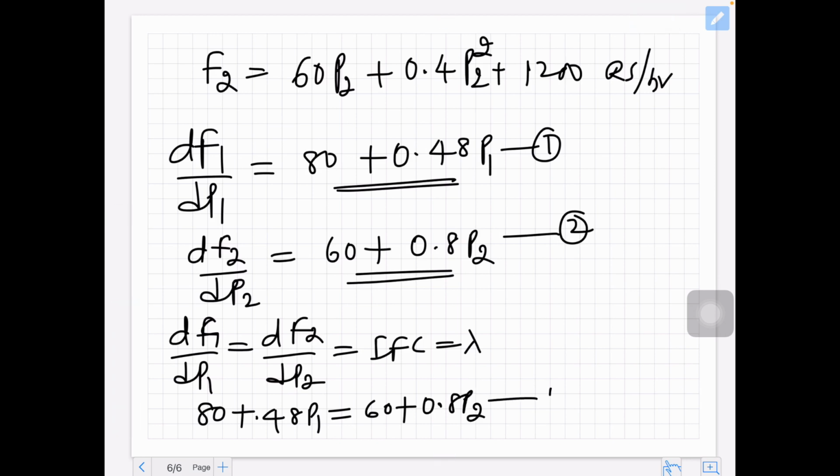This is one equation, the third equation you can call. Again, P1 plus P2 is equal to PD.